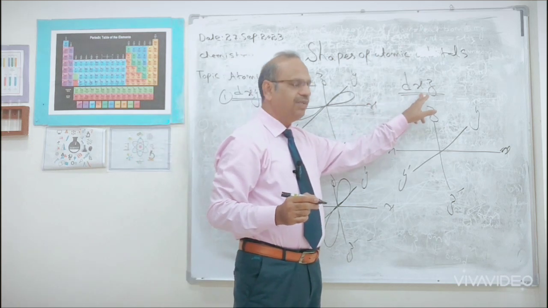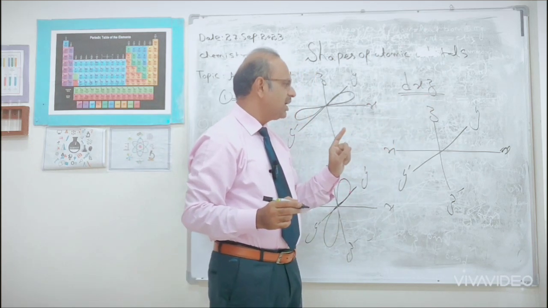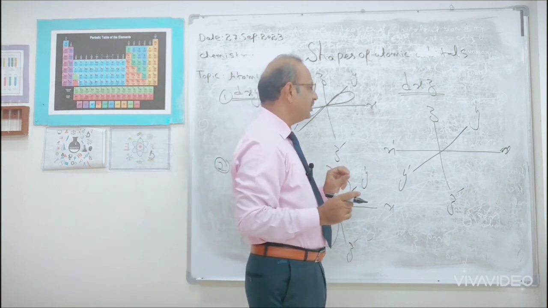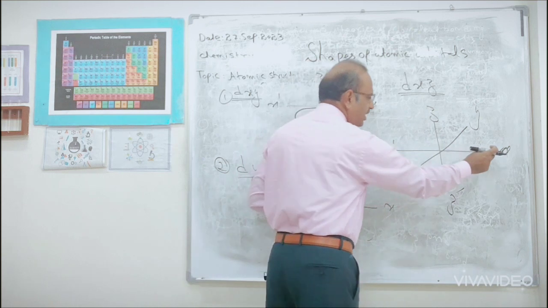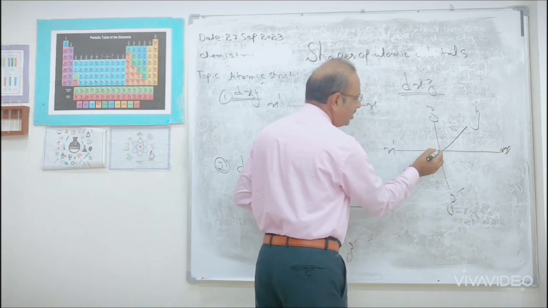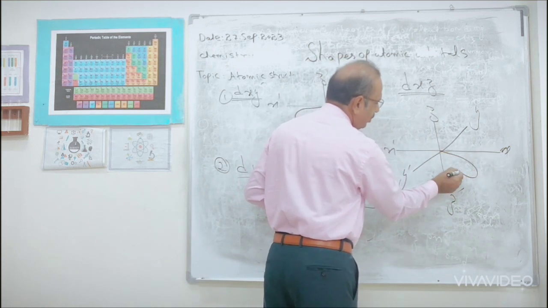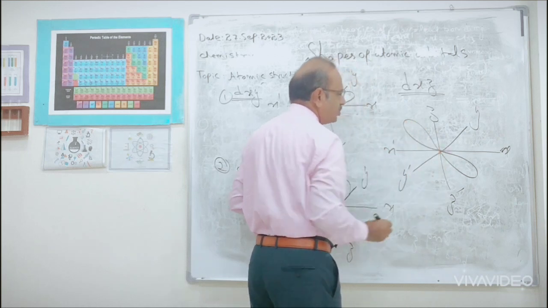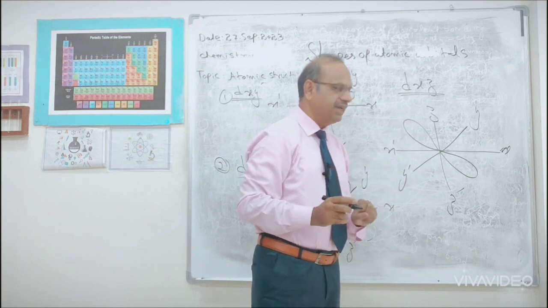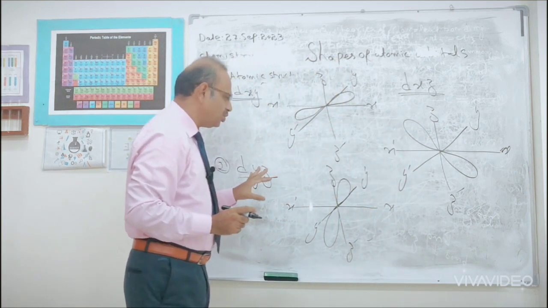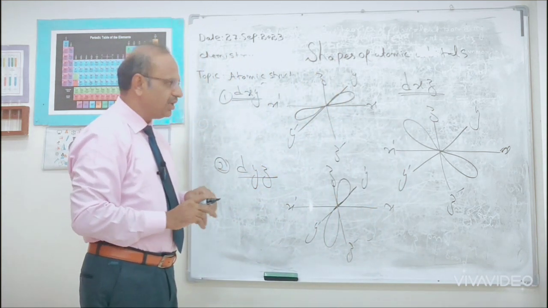So dxz will be in between the x and z. The orbital will be here, in between the x and z. In this way I have shown you three types of the d orbitals.